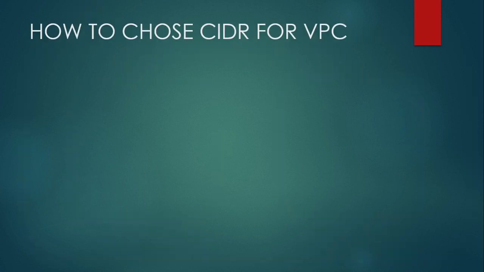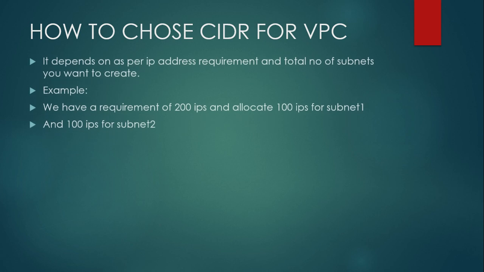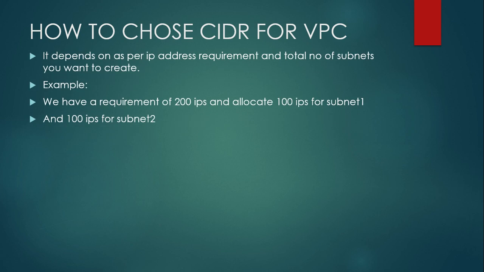How to choose the CIDR for the VPC depends on your IP address requirement and the total number of subnets you want to create. Here I want to create two subnets. As a requirement, I need 200 IPs, allocating 100 IPs for subnet 1 as well as 100 IP addresses for subnet 2.